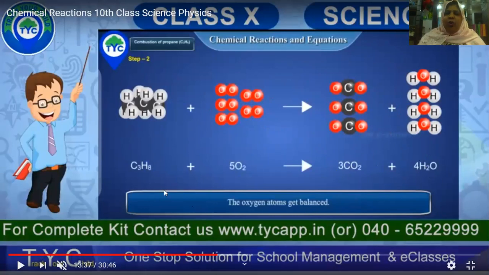Now if you see, all the elements are balanced here. 3 carbons on the reactant side, 3 carbons on the product side, 8 hydrogens on the reactant side and 4 times 2, 8 hydrogens on the product side, and 5 times 2, 10 oxygens on the reactant side, and here also 3 times 2 plus 4, 10 oxygens on the product side.